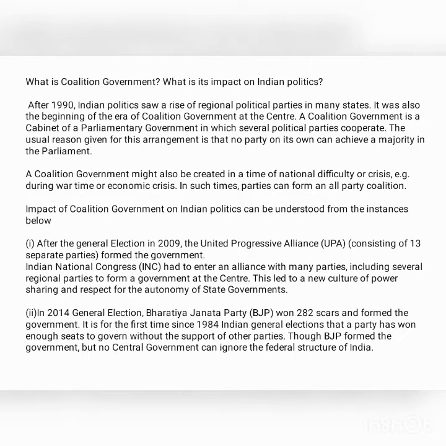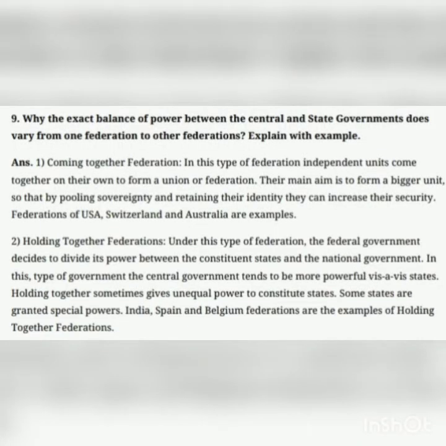So the role of the center state relationship has developed only because of the concept of power sharing. From the coalition government perspective, the center state relation and the power sharing concept has worked very effectively.